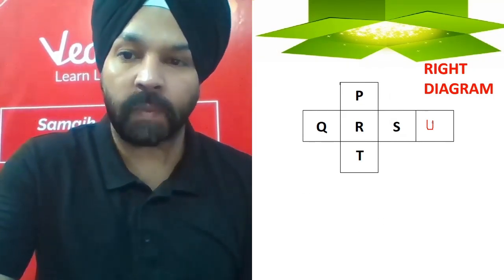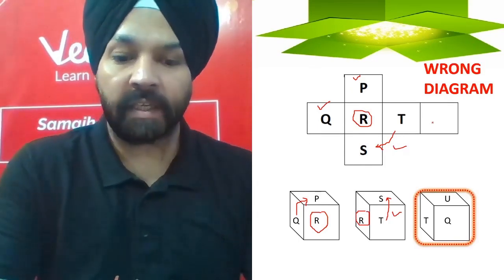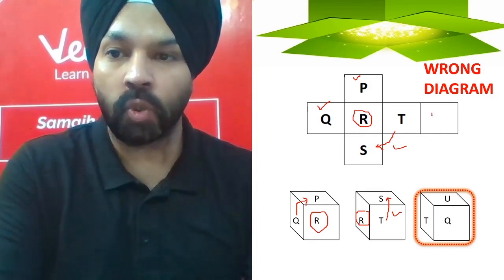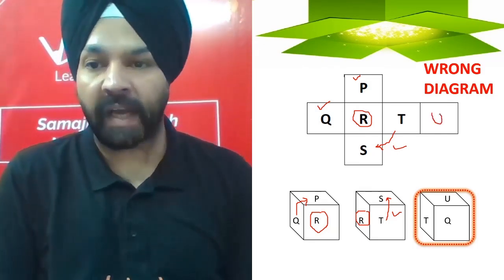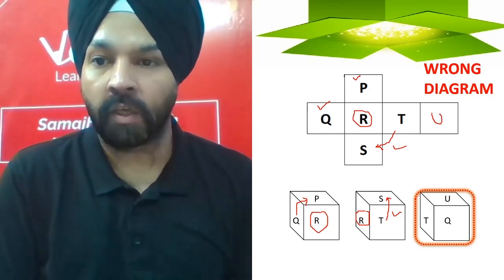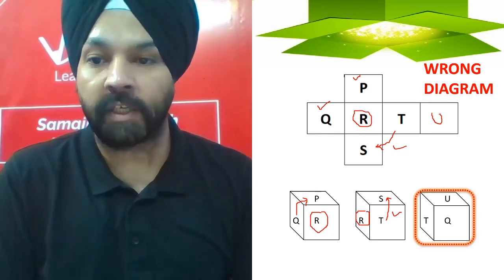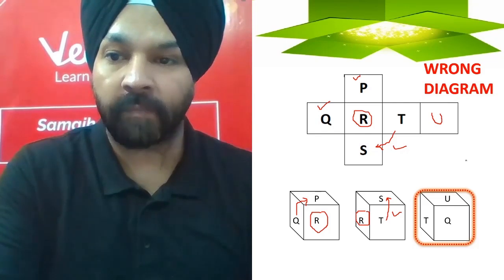Now I am going back to explain one more thing. Have a look at this diagram, which is a wrong diagram. In case you place U over here, what you will observe is that U is adjacent to T. That is perfectly okay. But U is also adjacent to Q, and T, U and Q are mutually perpendicular. Look at this diagram.